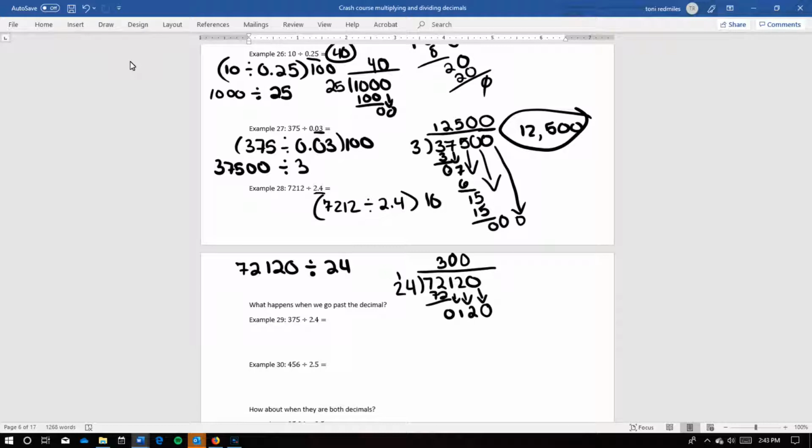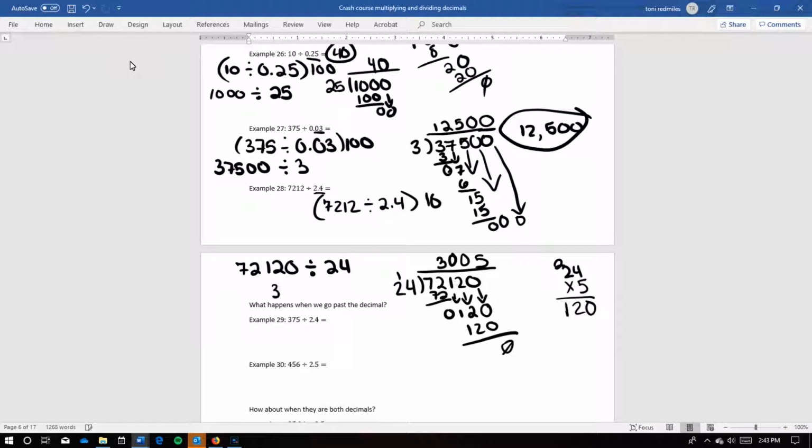Okay, 24. How many times do we think it can go into 120? Well, we know that it goes 72 times if it's 3, so let's try 5. And it goes exactly 5 times. That one's a hard one. That is why I decided to do it.